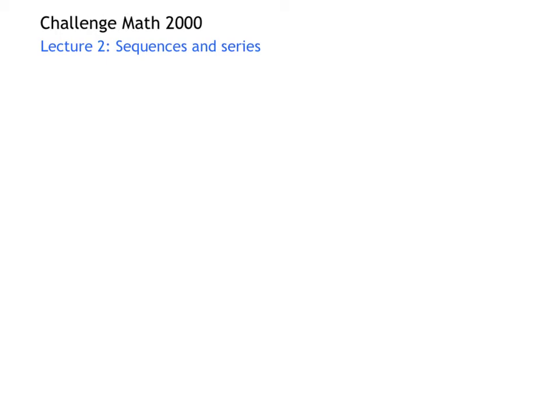So if we have two sequences, a_n and b_n, and two numbers, a and b, such that a_n converges to a and b_n converges to b, then what can we say about the limits of sequences that we get by combining these two sequences?